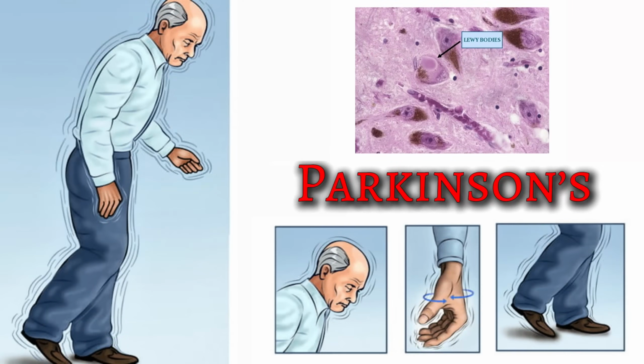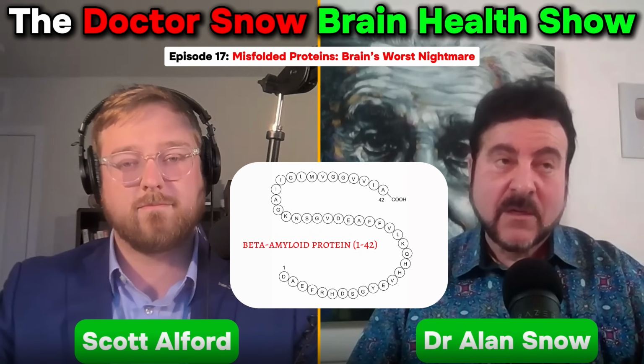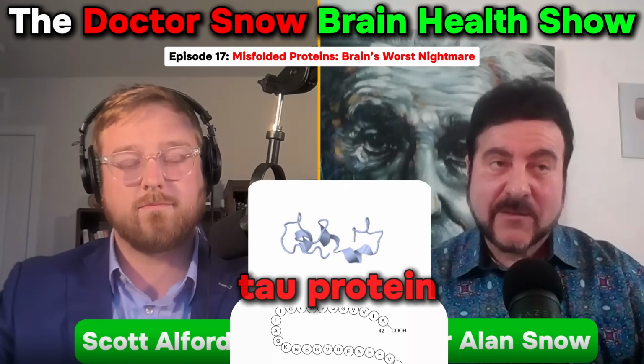What about Parkinson's? Parkinson's is different because it's a different protein involved. We're not talking about beta amyloid protein that you see in Alzheimer's. We're not talking about tau that you see in Alzheimer's. Although this is really interesting, that Parkinson's people can have Alzheimer's as well.